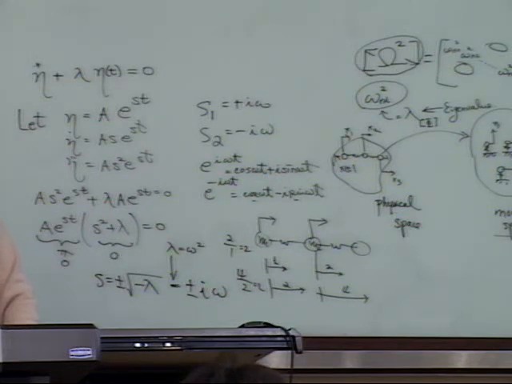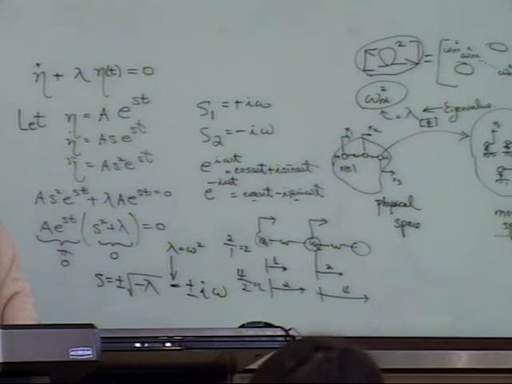C and theta are two unknowns, which can be solved by initial conditions here. So for the rth mode, x r equals phi r, C r, cosine omega r t, we have a total of n modes.